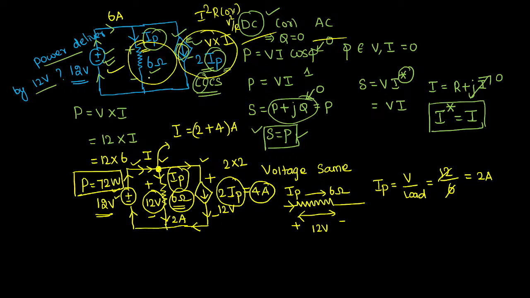After that, add the power absorbed by the resistor and the power absorbed by the dependent source. If you add these two, that will be equal to 72 watts, because energy is neither created nor destroyed. So the power supplied by the source must be equal to the power absorbed by this entire load. Okay, fine, sir. Let us go ahead with the next most beautiful question.